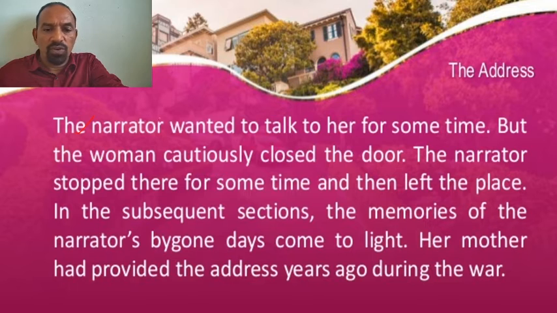The narrator wanted to talk to her for some time, but the woman cautiously closed the door. The narrator stopped there for some time and then left the place. She stood there for some more minutes, thinking about what could be the next step.